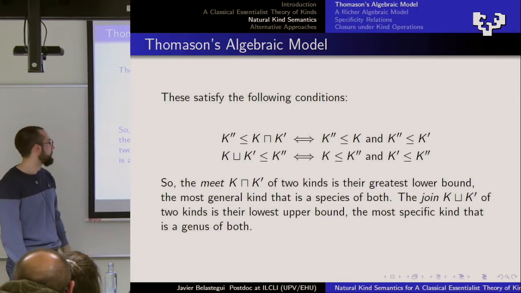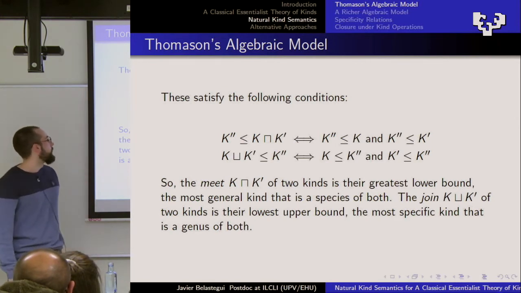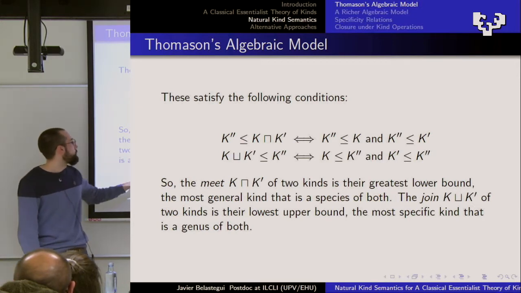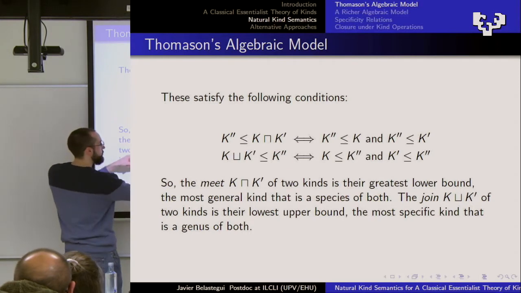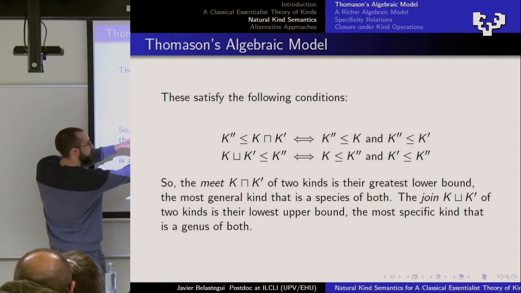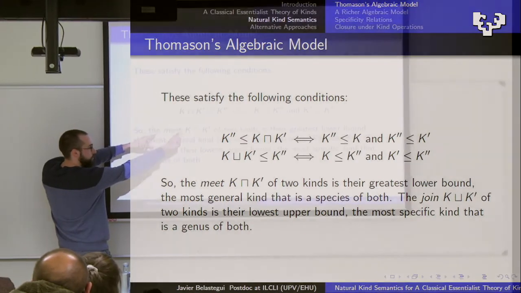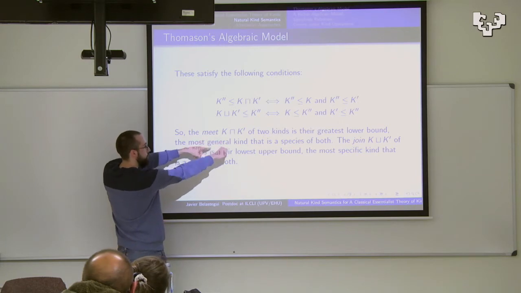You can get familiar with it. And so the meet is literally the greatest lower bound. So it's the most general kind that is a species of both. So if you take two kinds, then you look at the species of these two kinds, so the kinds that are more specific, like here, and you take the most general one.